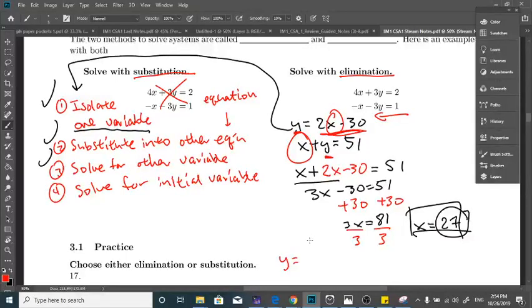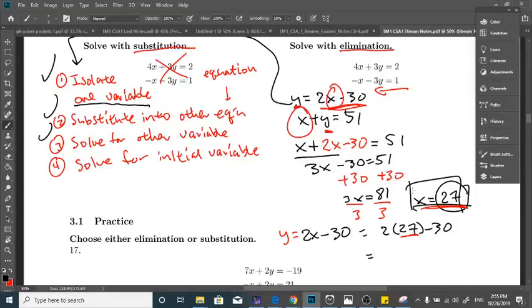So y equals this. 2 times 27 minus 30. Because again, x is 27. Then we get 54 minus 30 equals 24.